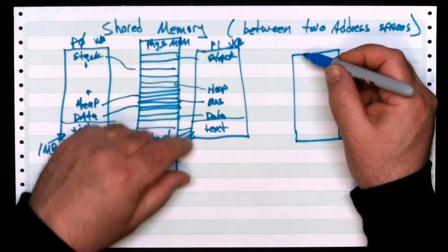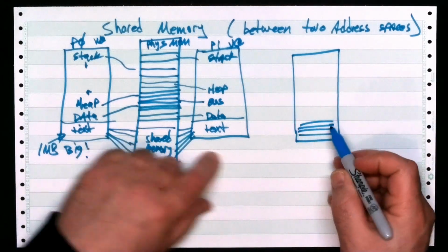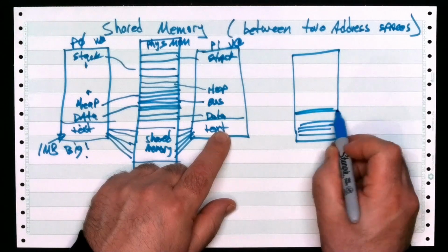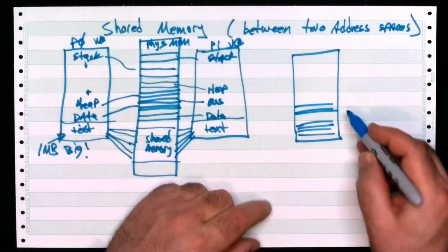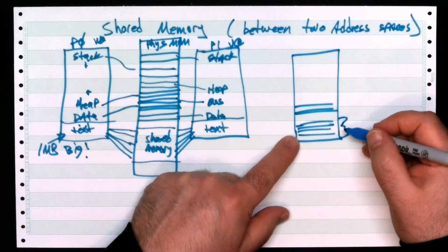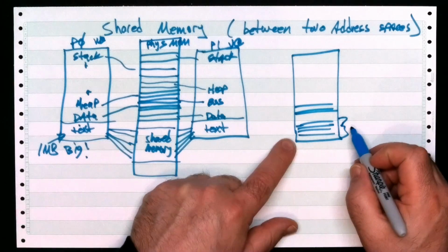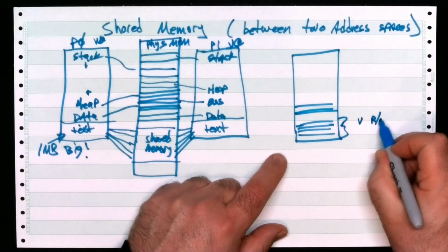For this address space, there's a bunch of page table entries that describe the text region, some page table entries that define the data, and so on. Down here, or wherever the text page table entries are going to be, we can mark them not only as valid, but we can mark them as read only.